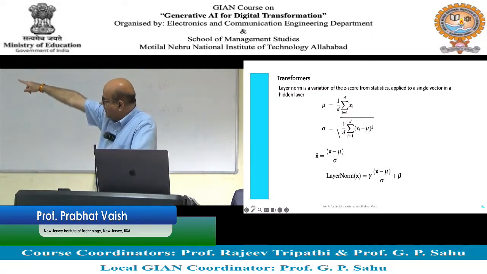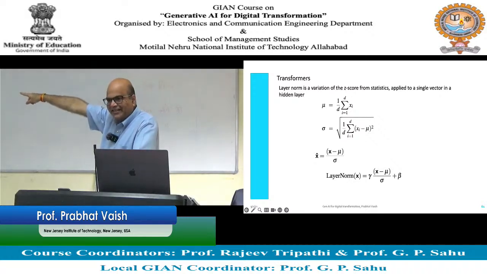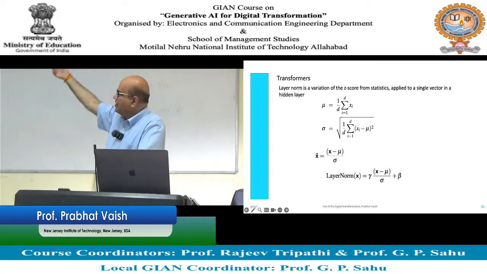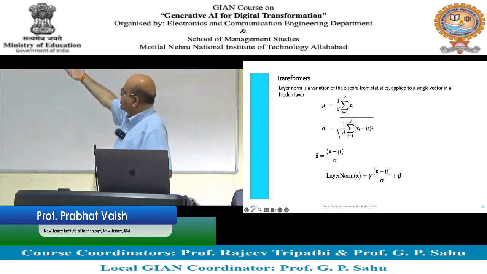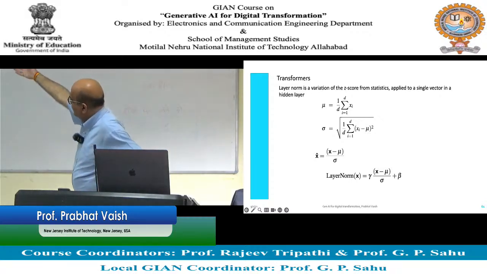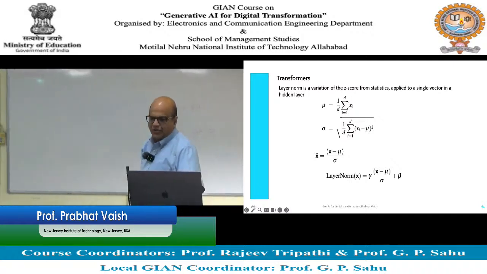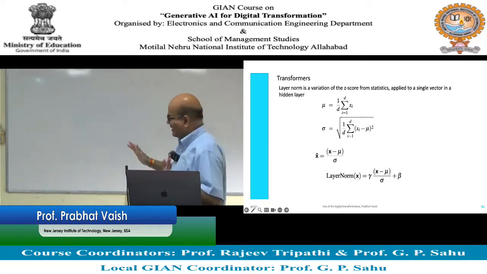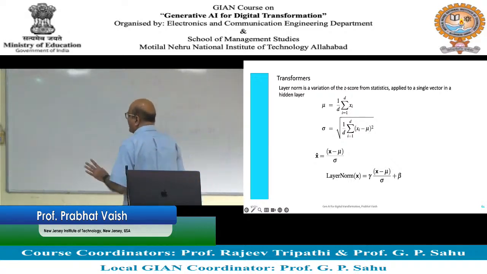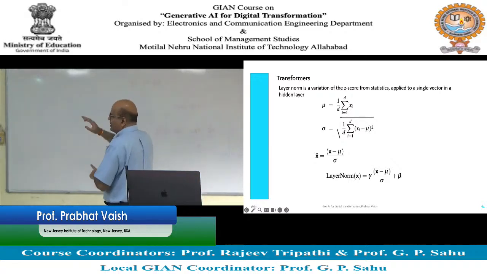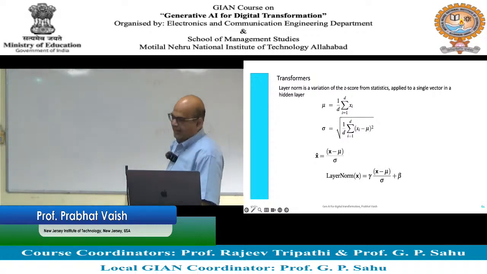First one is an average. The second one is standard deviation, right? So literally what's going on is that they are computing a layer norm, which is a variation of a z-score, something like a normal distribution, trying to find a single number that you can take from one layer to the other layer.